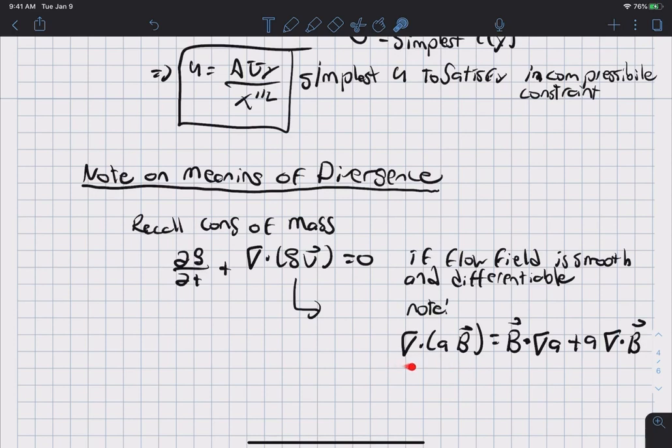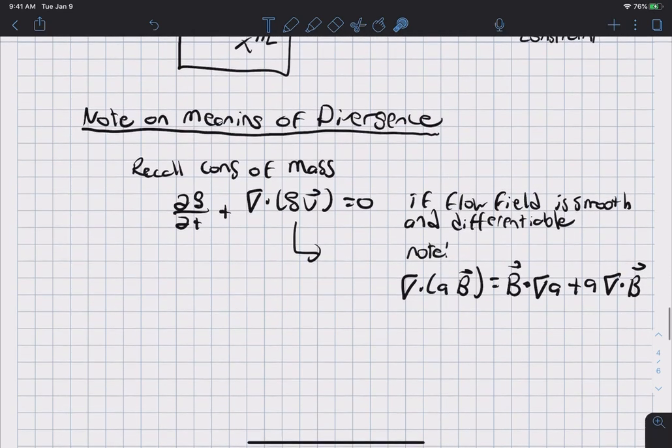You can think of this identity as a sort of product rule for the divergence of a scalar multiplied by a velocity vector. But again, we can only do this if the product of a and b is a differentiable function.